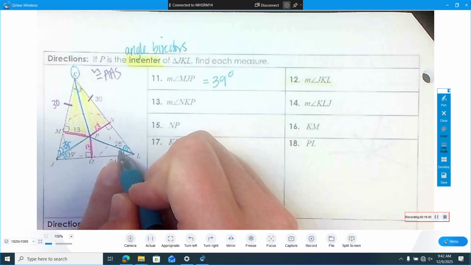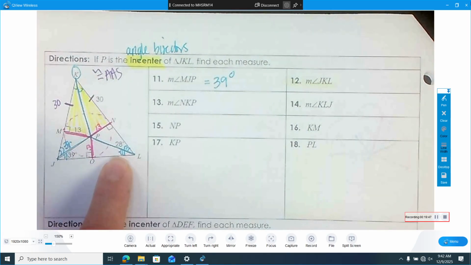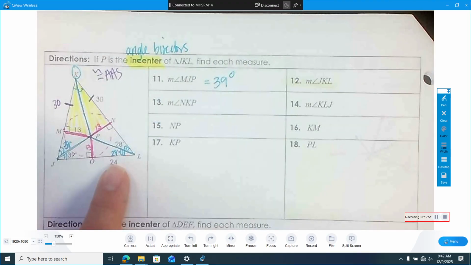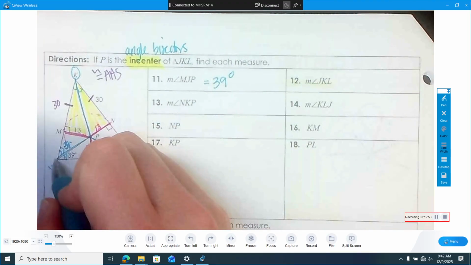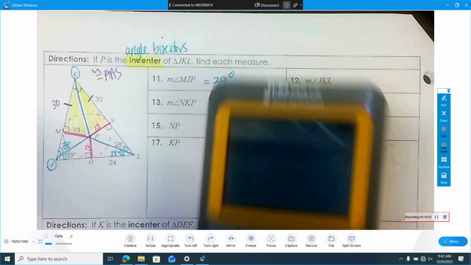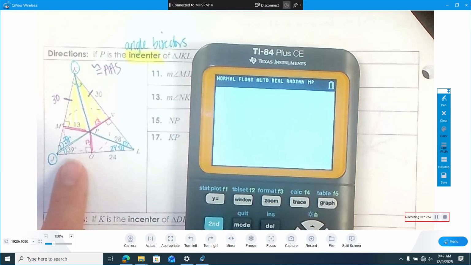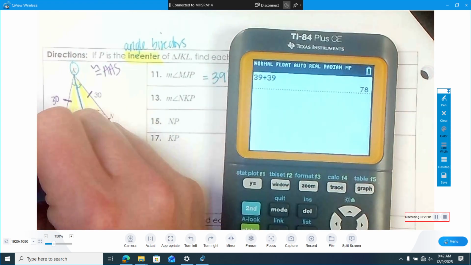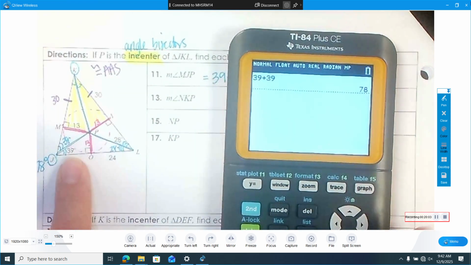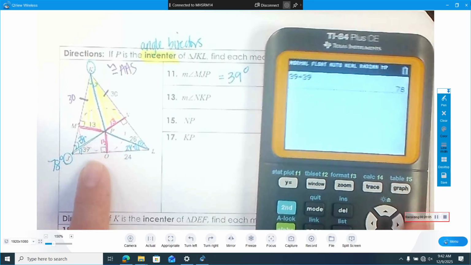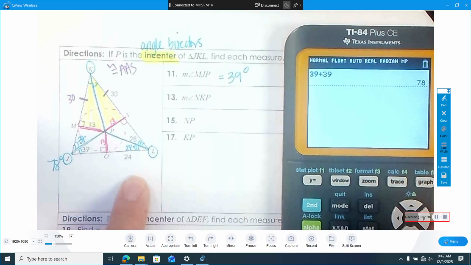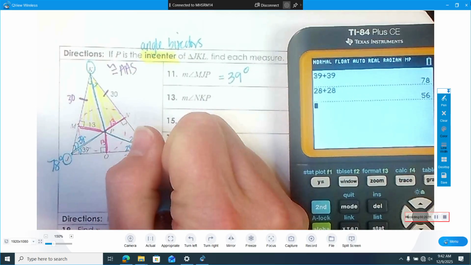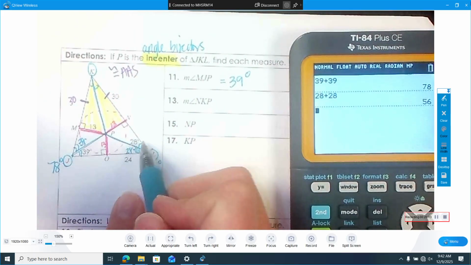What's this angle right down here? 28 as well. Okay. And so what is the whole angle J? 78 degrees. 39 plus 39 is 78 degrees. What is the whole angle L? Yep, 56 degrees. The whole angle L is 56 degrees.